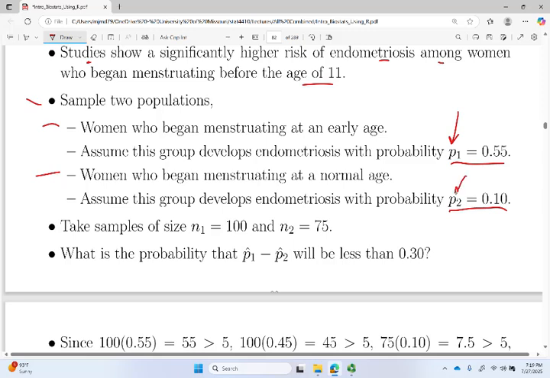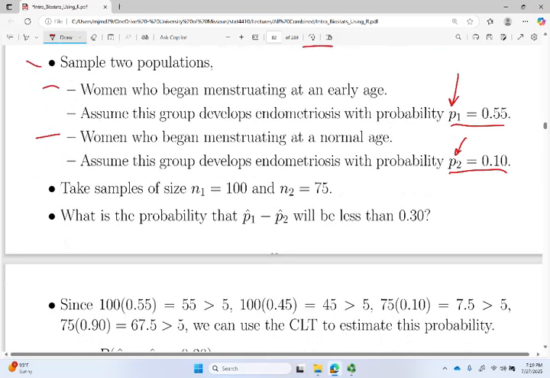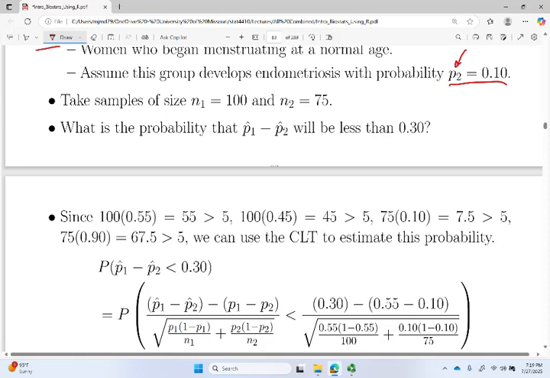Again, we're assuming that's the population parameter. So let's take samples of 175 from each population. They're independent samples because these are independent populations. And what we want to study is the probability that the difference in sample proportions is less than 0.3.